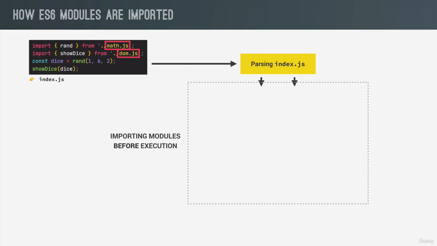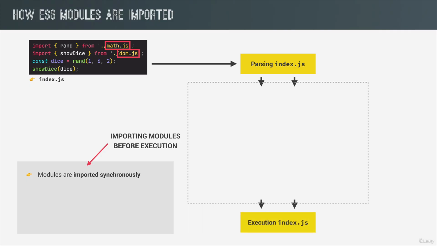So in this example, the index.js module imports the DOM and math modules in a synchronous way. What that means is that only after all imported modules have been downloaded and executed, the main index.js module will finally be executed as well.